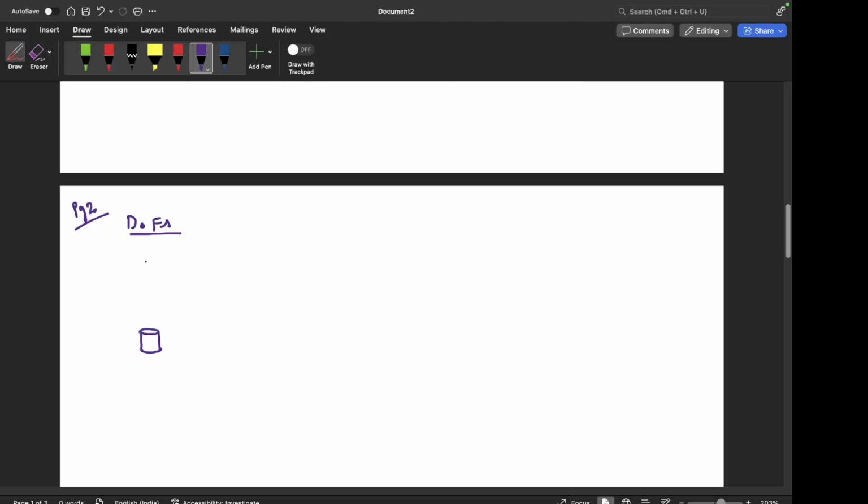So this is one axis. Then here is the second joint, and then there is a link.